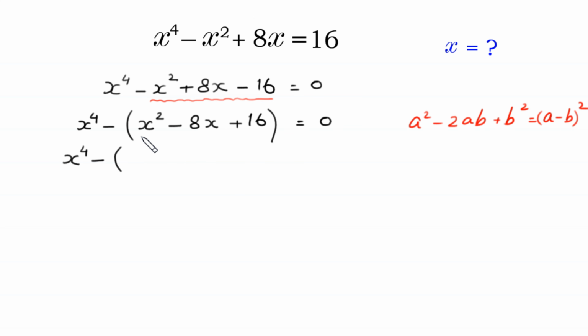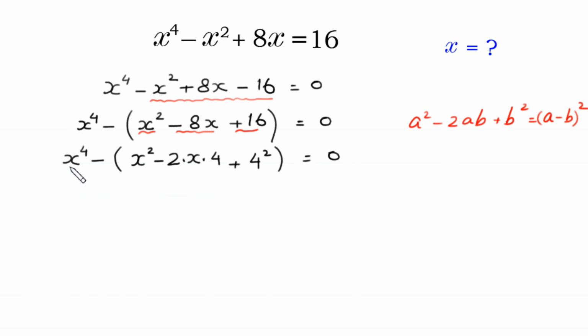We can write this x squared as x squared, and we can write this plus 16 as plus 4 squared, and we can write this negative 8x as negative 2 times x times 4 is equal to 0.